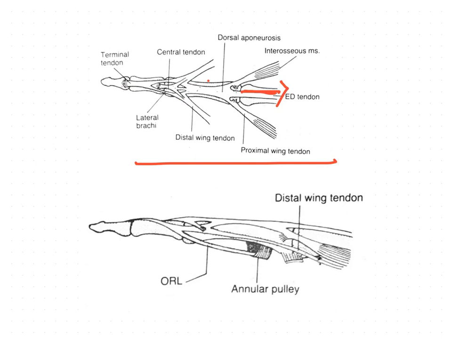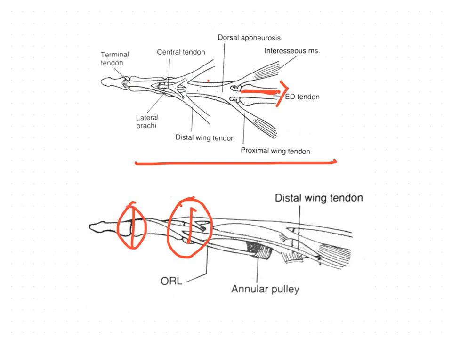Now we will see the coupled action of the proximal and distal interphalangeal joints. There are three types we can see between the proximal and distal interphalangeal joints. One is the active extension of the proximal interphalangeal joint, which will normally be accompanied by extension of the distal interphalangeal joint.